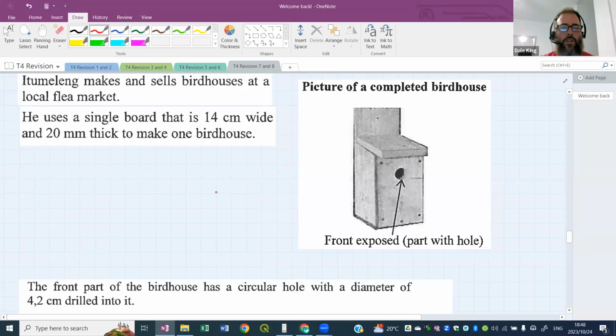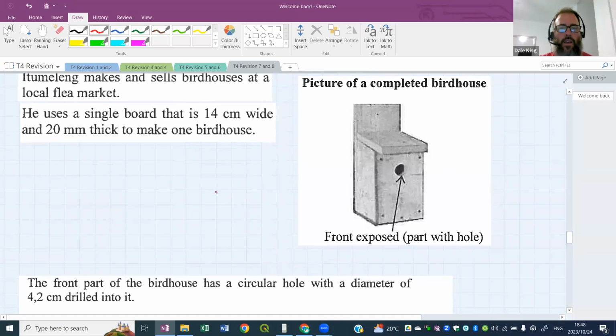Over here at the bottom, there's a sentence that says the front part of the birdhouse has a circular hole with a diameter of 4.2 centimeters drilled into it.